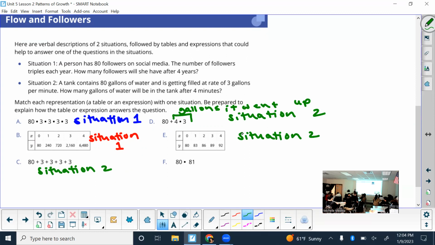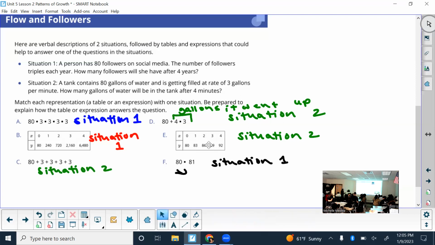Last one. Table 7. What would the last one be for? Situation 1, I think. And why is that? Because it equals 6,480, I think.